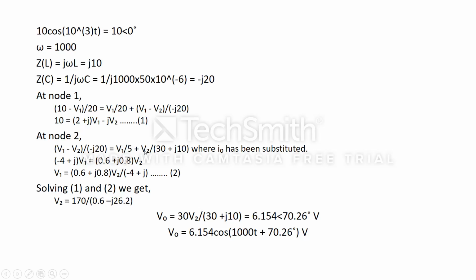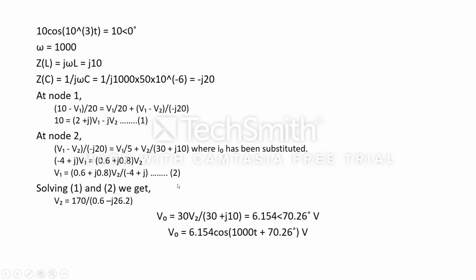So we get a second primary equation, which gives us V1 equals (0.6 plus j0.8) V2 by (minus 4 plus j).